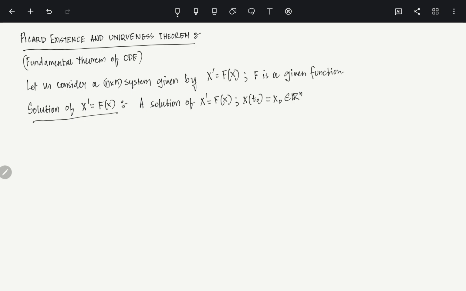A solution of this system is a differentiable function, let me put it this way, a continuously differentiable function. You don't need continuous differentiability, but for all purposes we will be using it.